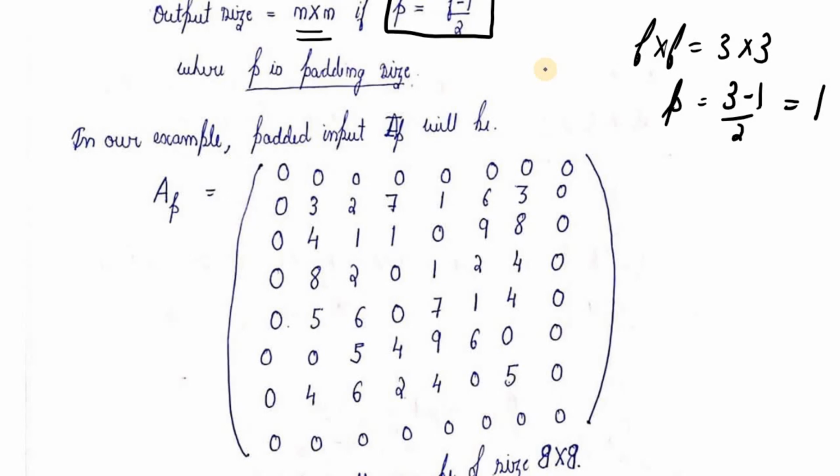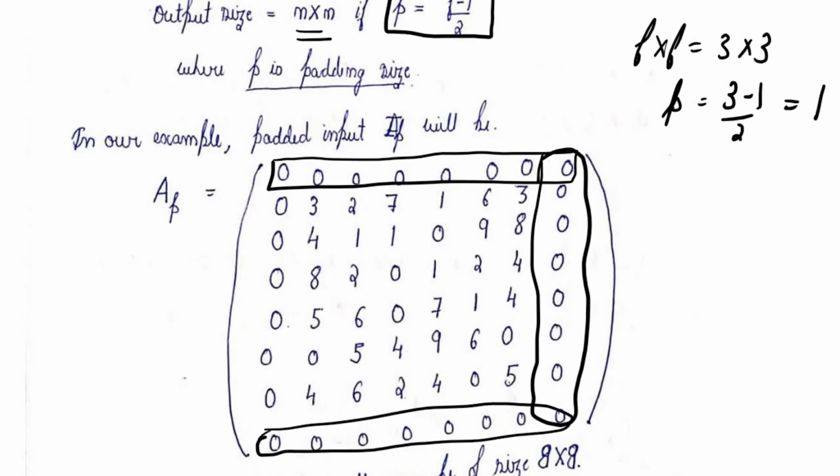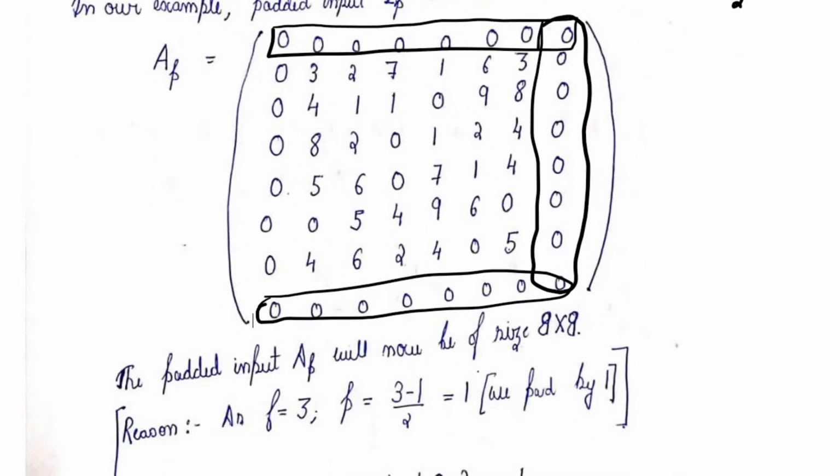So this will mean that we can apply just one layer of pad across the edges. Like this is the top edge. We apply one layer of pad. The right edge, we apply another layer of pad over here. Likewise, in the left edge, we are applying another layer of pad, and at the bottom edge, we are applying one layer of pad. So on doing so, the dimension of matrix was increased to 8 cross 8.